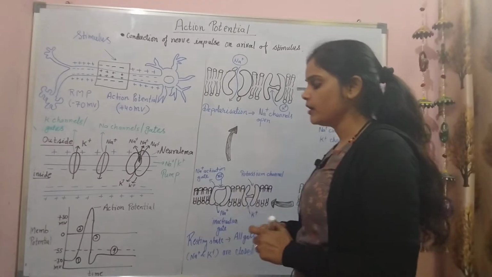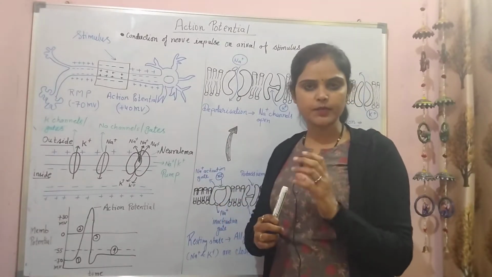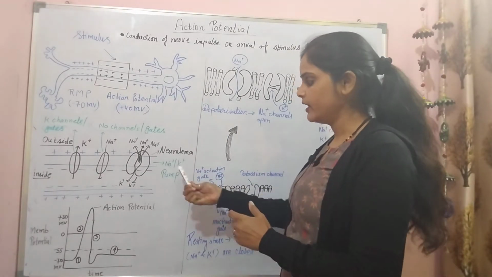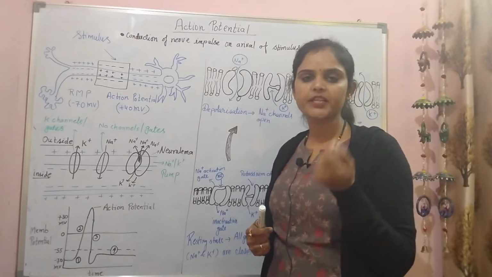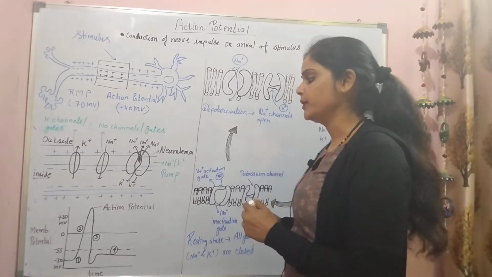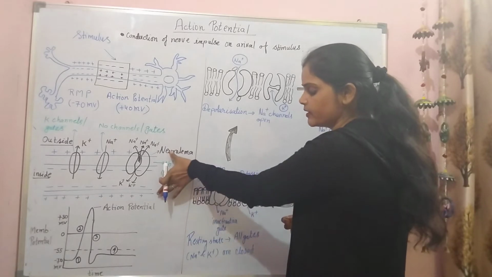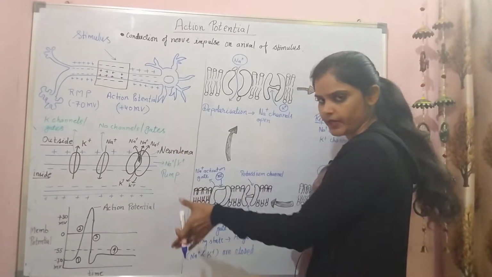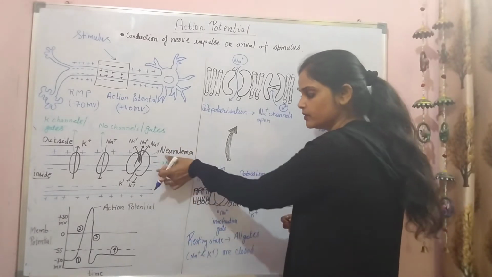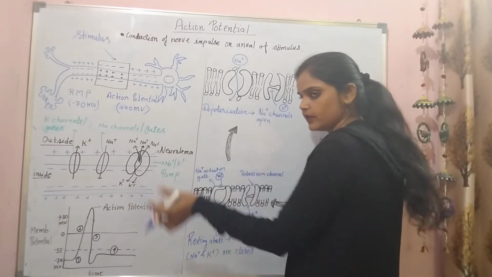Before we understand the whole concept, let's discuss certain channels or gates which are present on the axonal membrane. Taking the nerve cell's axon part, the membrane is a bilayered structure, with an outside and an inside.